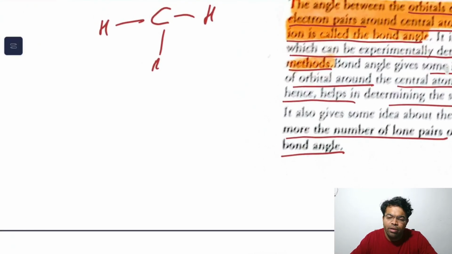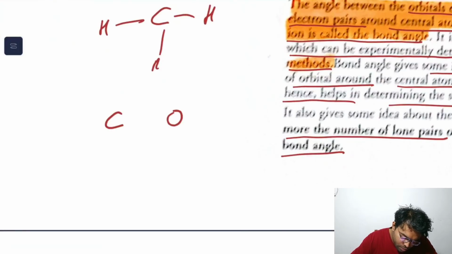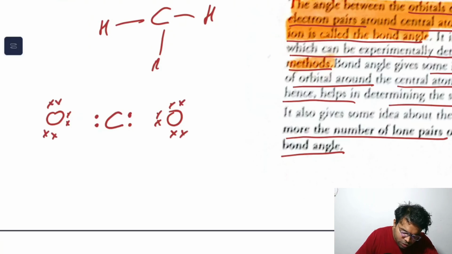Drupad, could you please tell me how many electrons are present in the valence shell of carbon? Four. Okay, so there are four electrons like this, and there are six electrons present in oxygen.